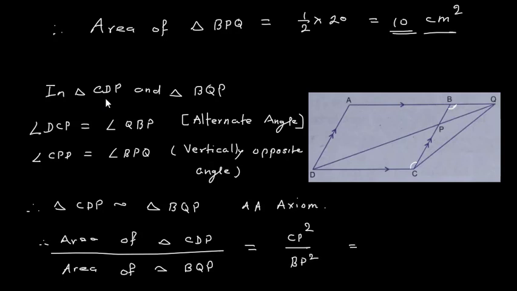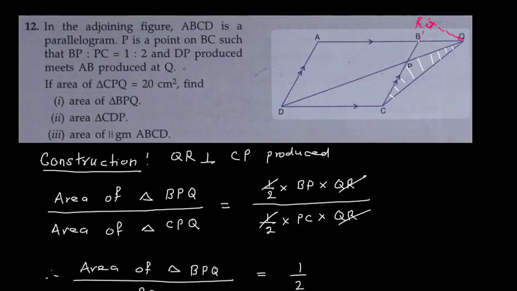Now BP upon PC is given 1 by 2, so PC upon BP will become 2 upon 1.